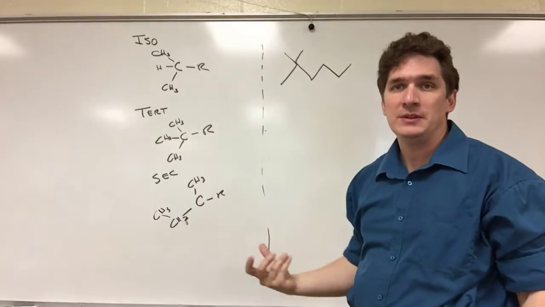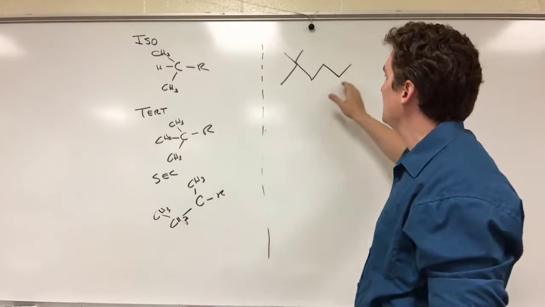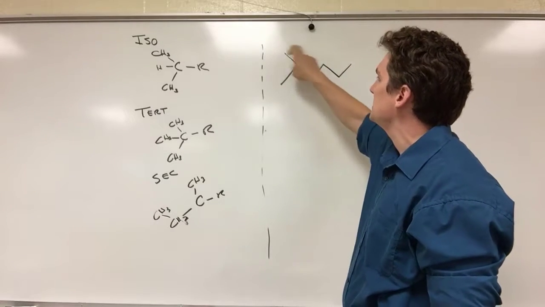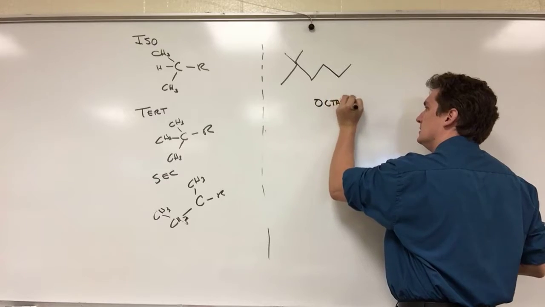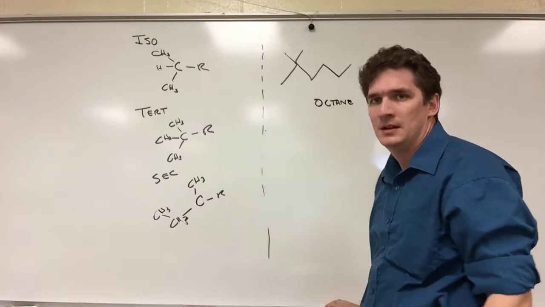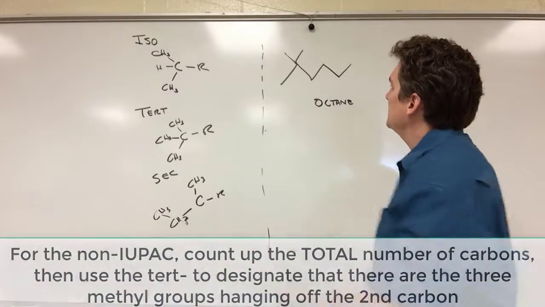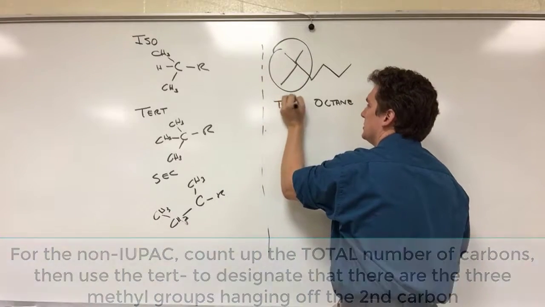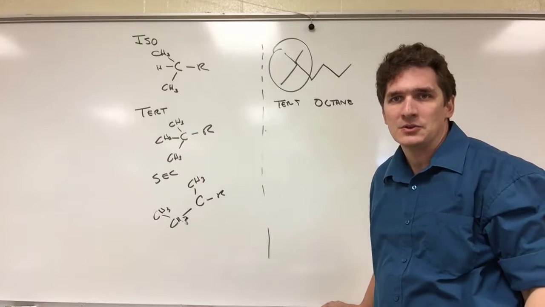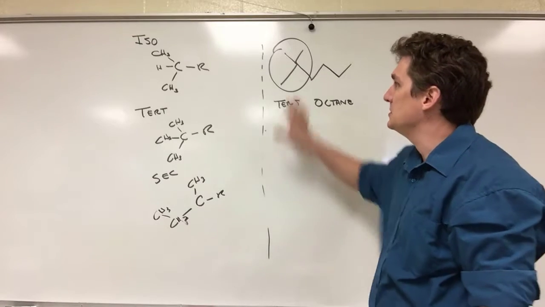So how would you abbreviate it using these prefixes? Well, first of all, you count the number of carbons. 1, 2, 3, 4, 5, 6, 7, 8. And this would be octane. Now, because we have this 3-carbon group here, we end up with something like a tert-octane or tertiary octane to let us know that there's this 3-carbon group here.